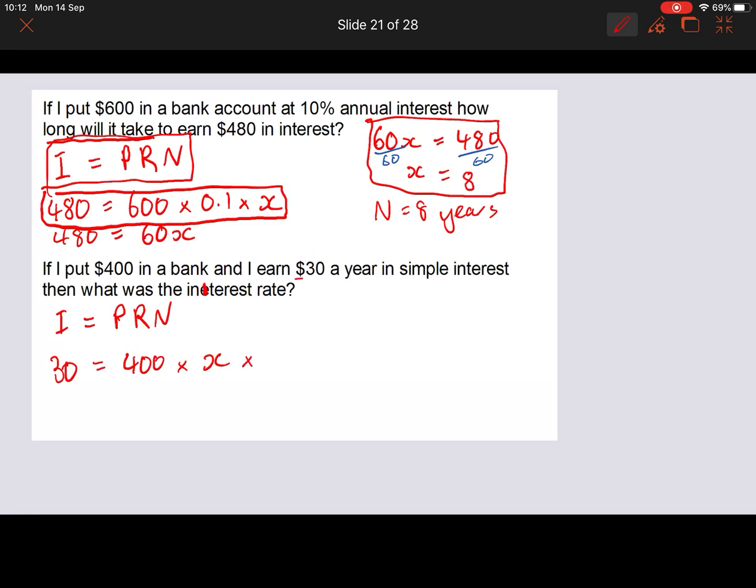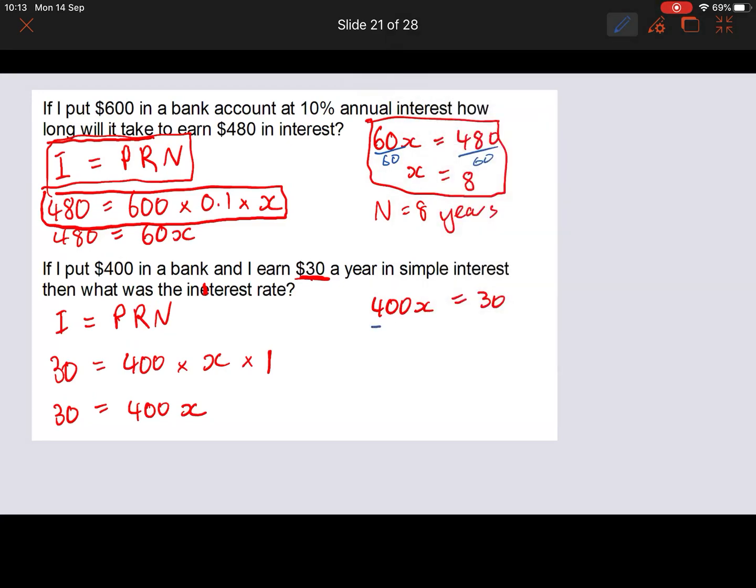Well, the interest I know is 30. The principal, the amount I put in first, was 400. What's the interest rate? I don't know, so I'll call that X. And this $30 is what we earned in 1 year, so the number of years is just 1.